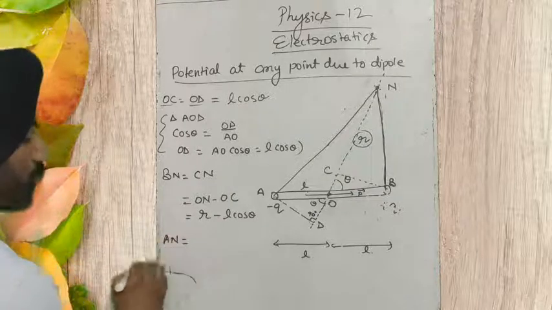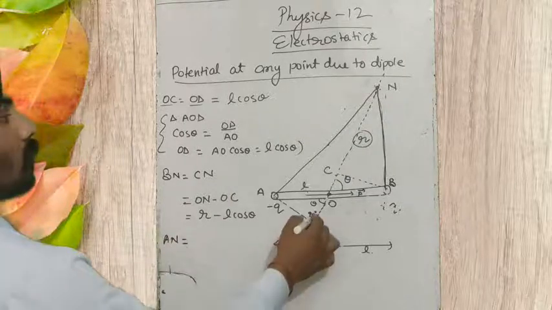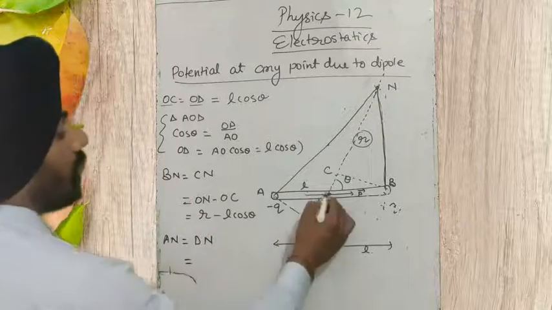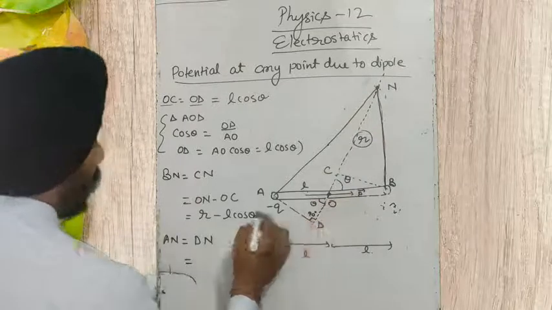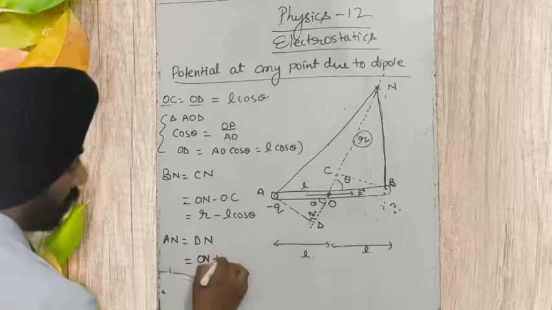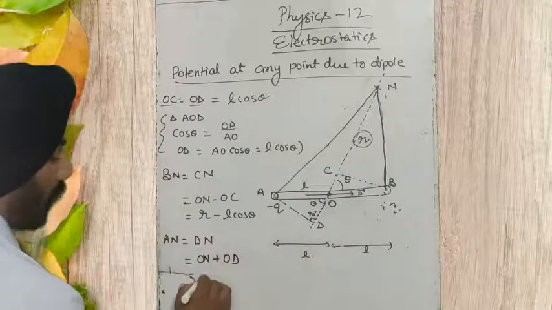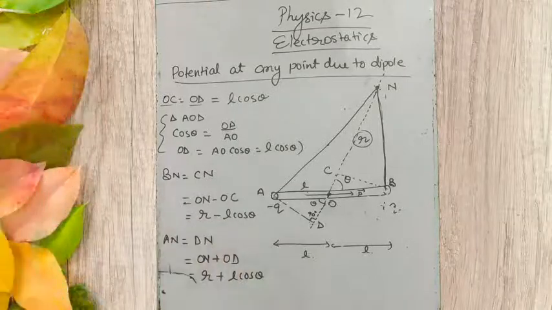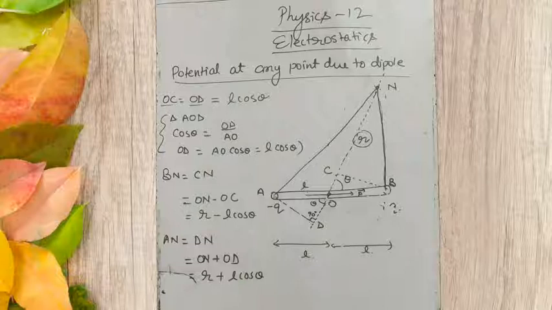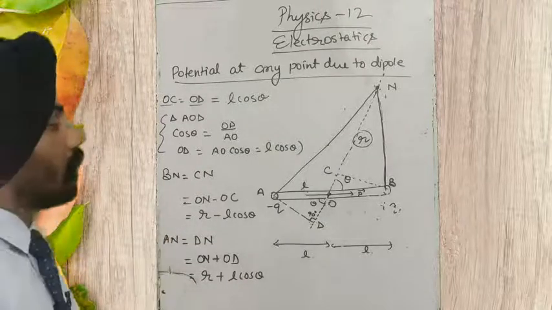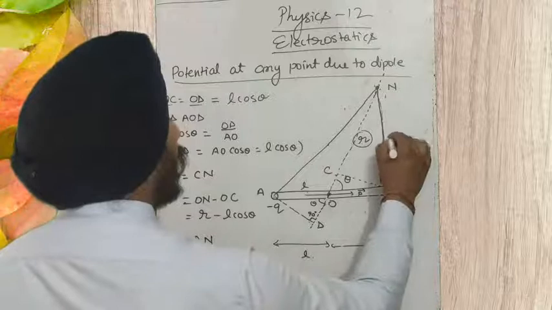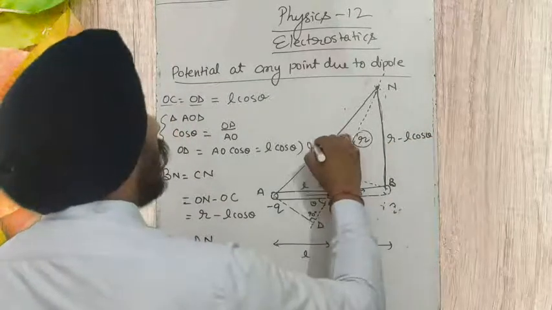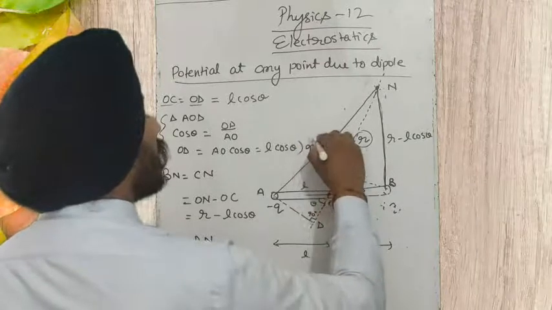AN is equal to DN, and DN is equal to ON plus OD. ON is R, and OD we calculated is L cos theta. So now we have the values of BN and AN. BN is R minus L cos theta and AN is R plus L cos theta.